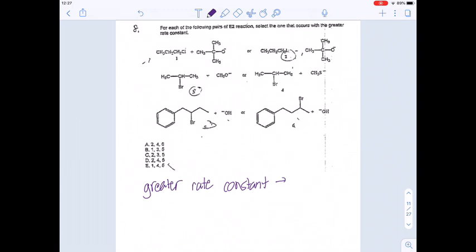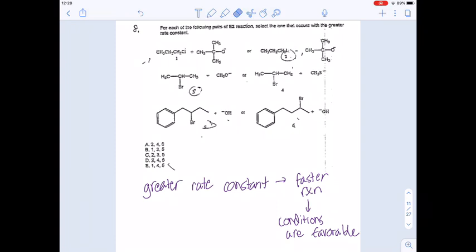So the first thing to note is that a greater rate constant means that you're going to have a faster reaction, and you get faster reactions when the conditions are favorable. Okay, so let's go ahead and check these out.